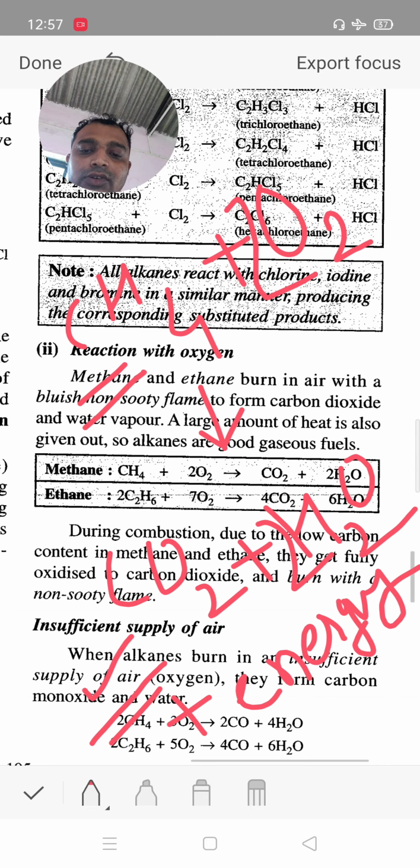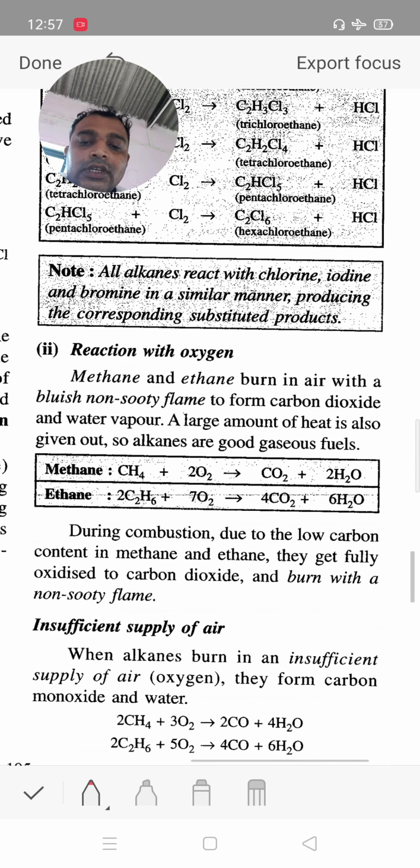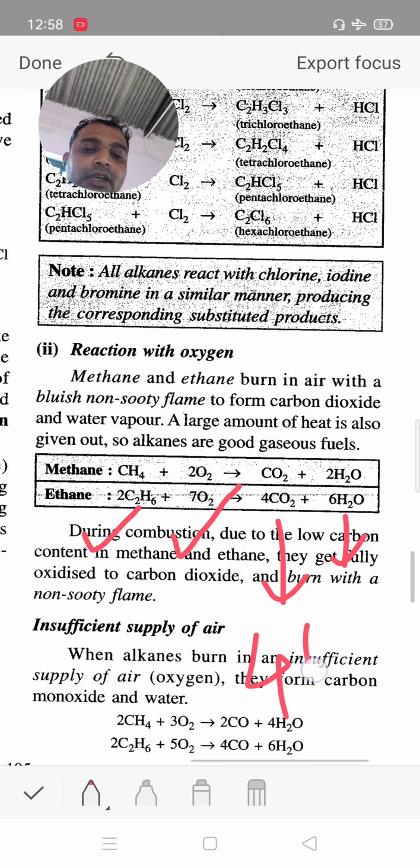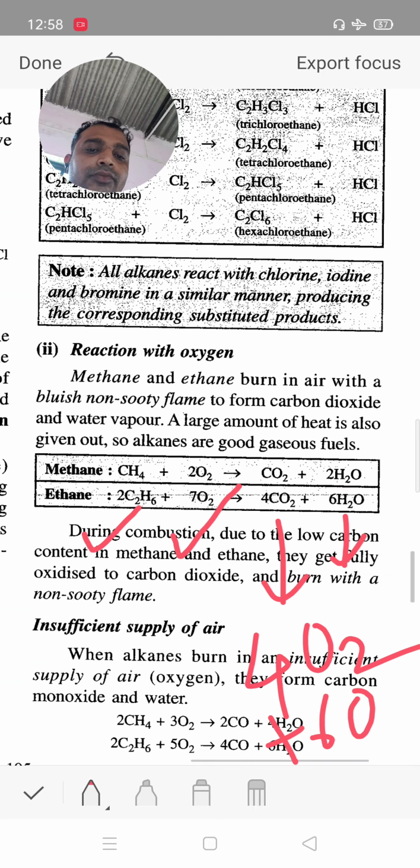Similarly, we also discuss ethane. Now this is the reaction of ethane. Ethane has a total of 2 carbon and 6 hydrogen, and the product is CO2. To balance this reaction, we use 7 times O2, a total of 14 oxygen, and the product also has a total of 14 oxygen: 4 CO2 means 8, plus 6 oxygen, total 14.